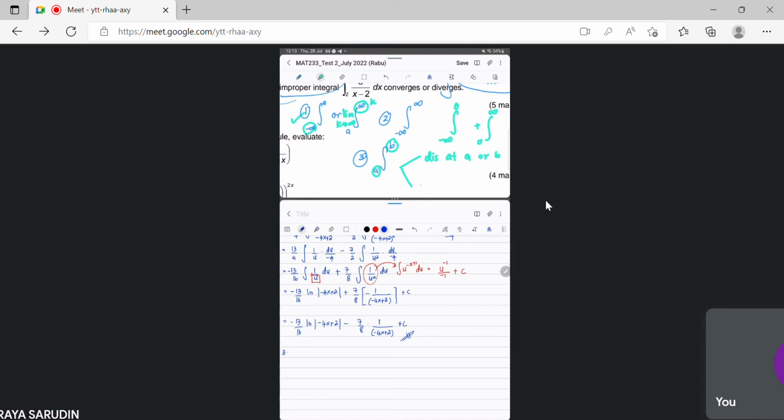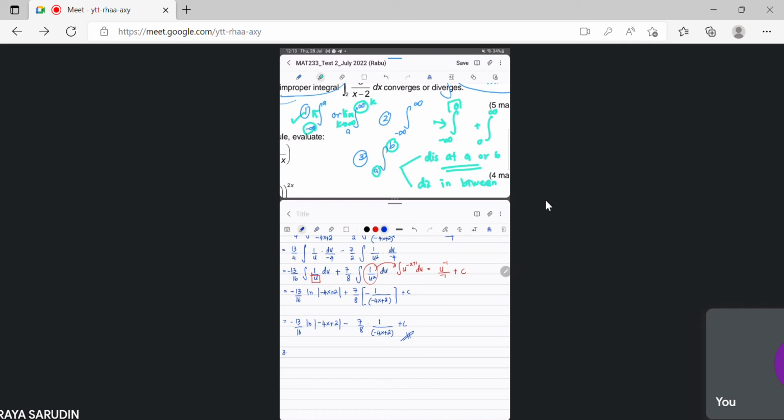Lagi satu, the discontinuity in between. Okay, so kalau untuk yang number 1, dia salah satu kan? So step dia adalah mengikut kepada case number 1, which is yang mana dia dekat dia discontinued tu kita akan let dia sebagai K. Tapi kalau dia in between, so kita kena pecahkan dia lah.